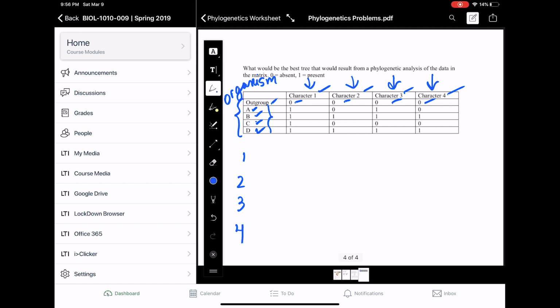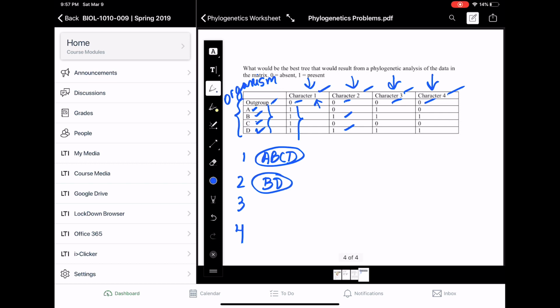So for character 1, right here, we see that all organisms A, B, C, and D have that trait. So I'm going to write A, B, C, and D right there, and they all have that trait. Now moving on to character number 2, we see that B and D have that character.